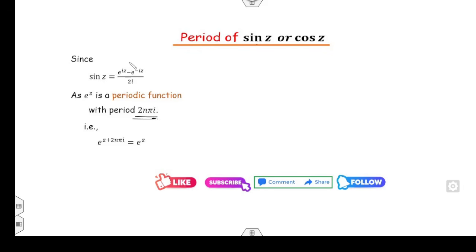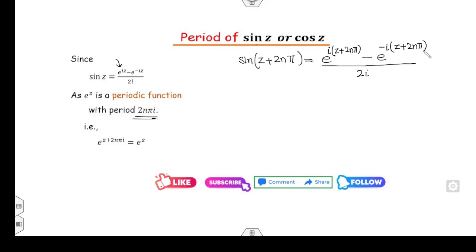Now if I substitute z plus 2n pi only, I did not write iota here, why? Because in e raised to power iota z, you already have iota. So if you substitute the value, it is e raised to power iota into z plus 2n pi, minus e raised to power minus iota into z plus 2n pi.